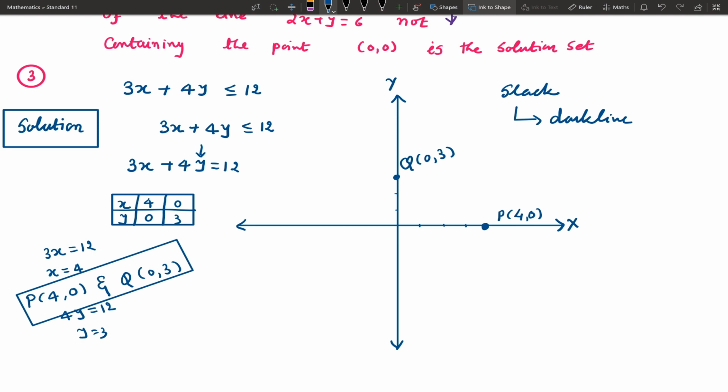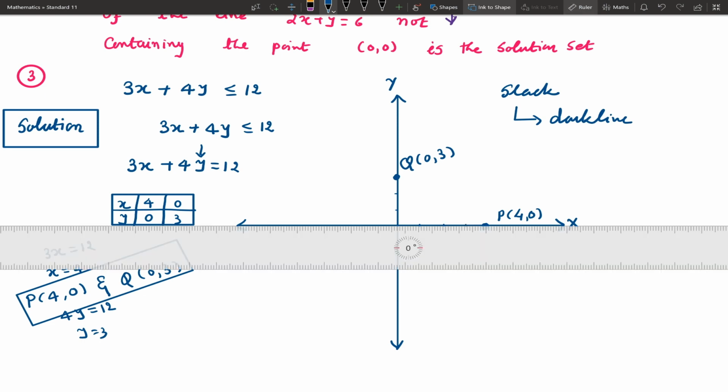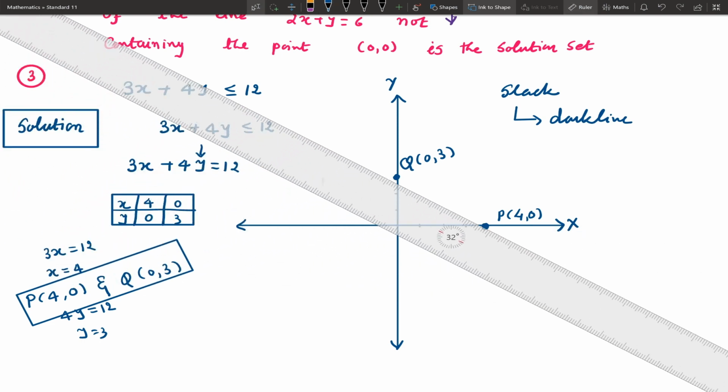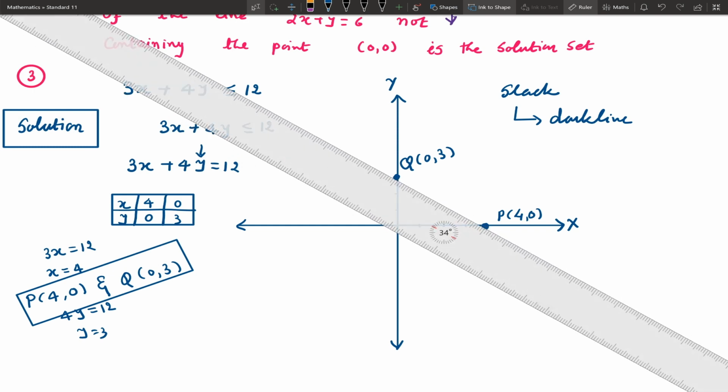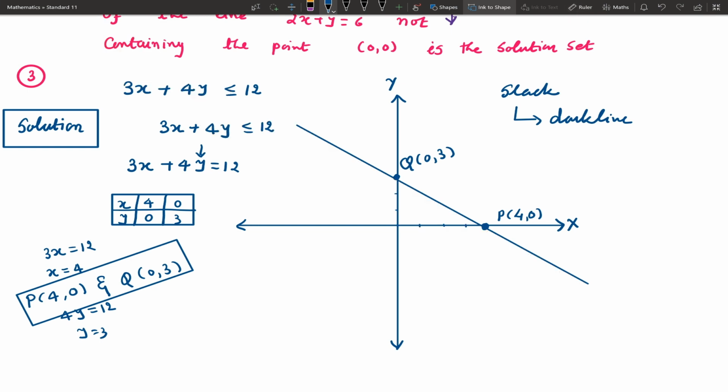The line passing through points P and Q is the line 3x plus 4y equal to 12.